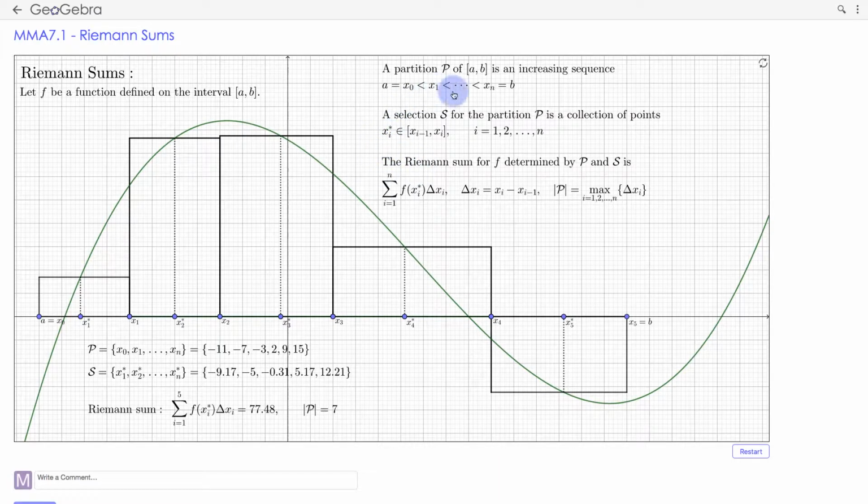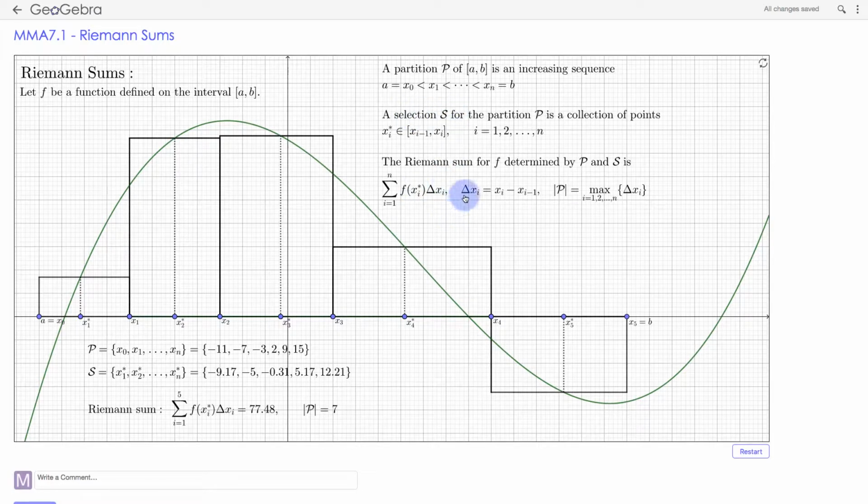And having a partition and a selection, we can now find the Riemann sum for f determined by the partition P and the selection S, and it's given by this sum. I discussed this notation last time. I will now explain what it means in this concrete case. This is just the functional value at the selected point from the selection.